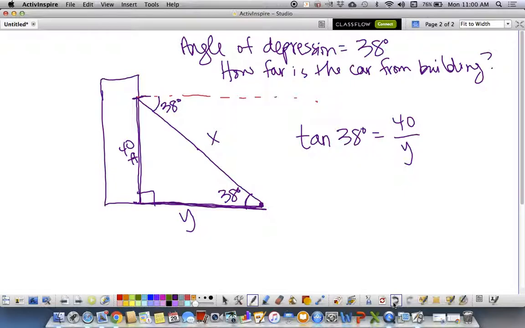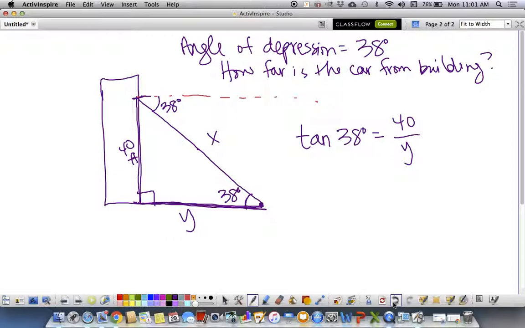How are you going to solve for Y, Gray? Do you want to get Y by itself? You also want to get Y out of the denominator. What are you doing to get Y out of the denominator?